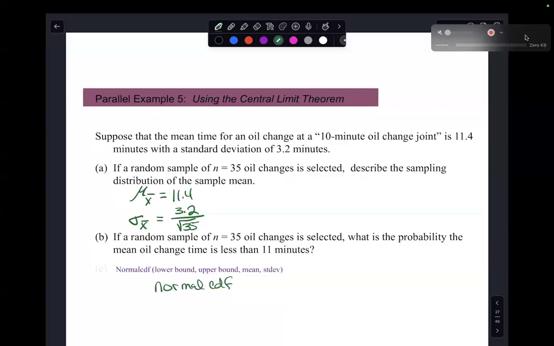I guess I could have actually calculated that standard deviation. What is wrong with me? So I got 0.54. That works. Okay, my lower bound is negative 1E99, upper 11.